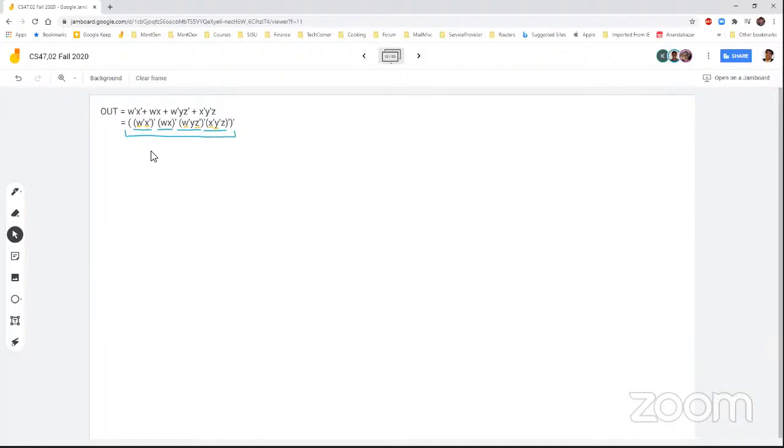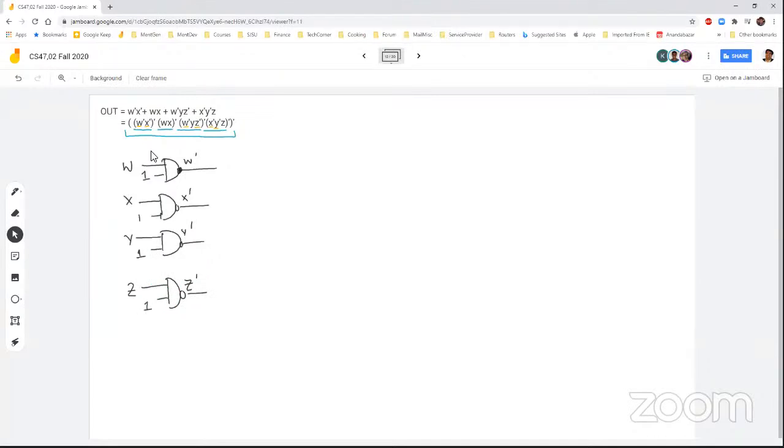So how we draw the schematic now is we start with W, X, Y, Z on the left hand side, presumably, and then make the inversion first. So this is W bar, this is X bar, this is Y bar, and this one is Z bar.